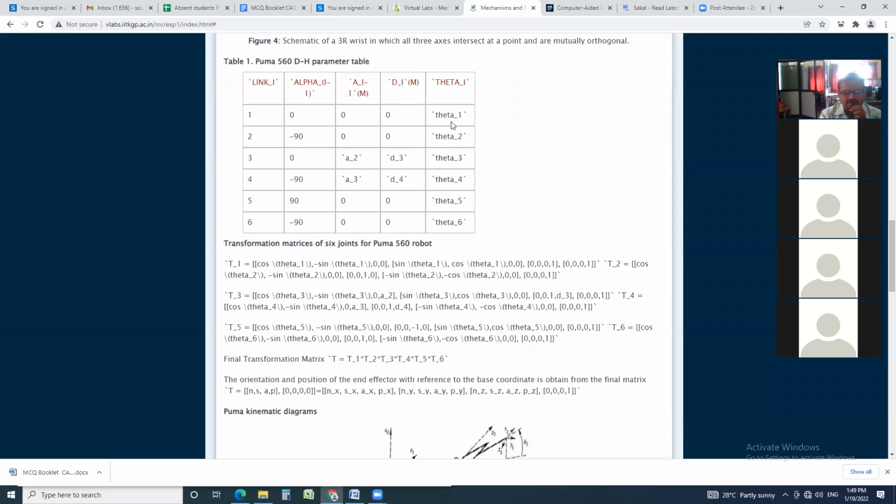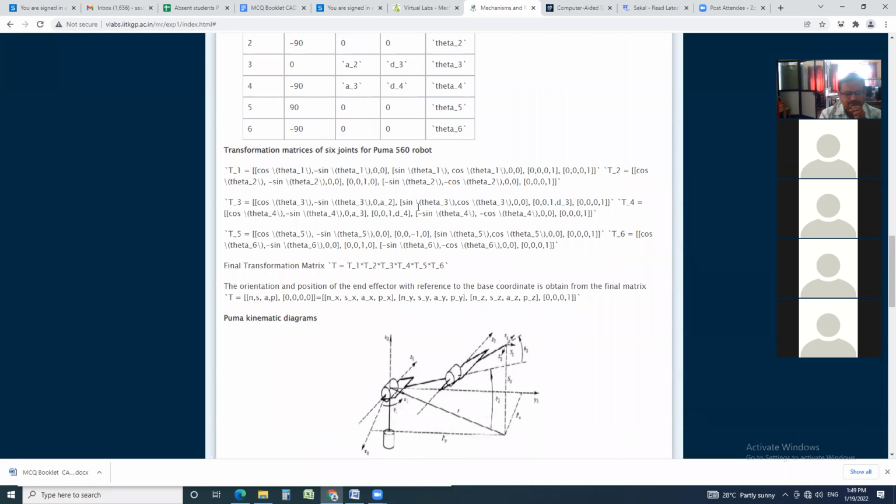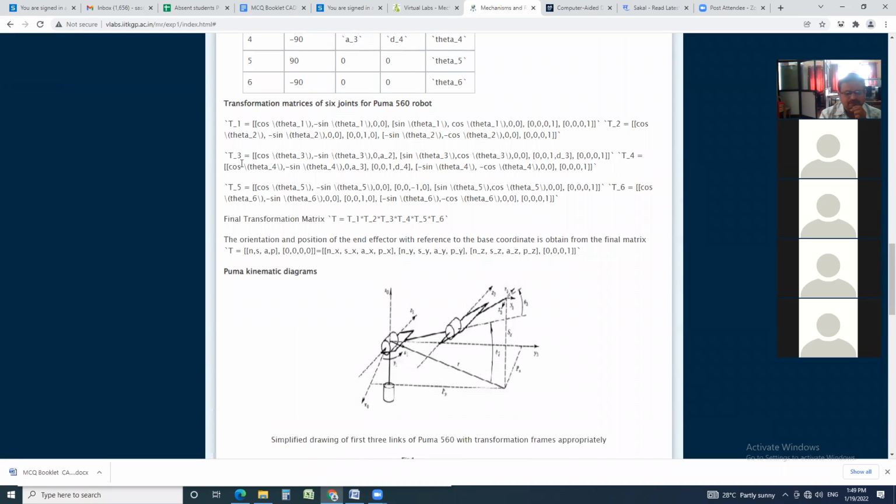Theta i: theta 1, theta 2, theta 3, theta 4, theta 5, theta 6. Now, the transformation matrices for the 6 joints of the Puma 560 robot. Therefore, these are the transformation matrices.